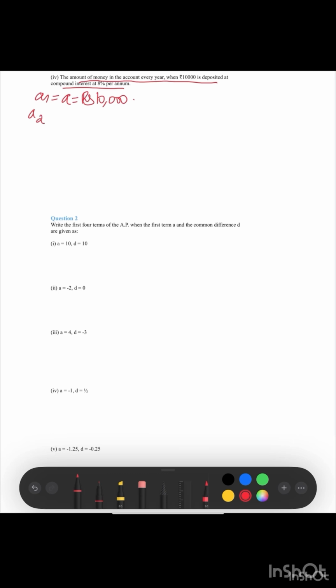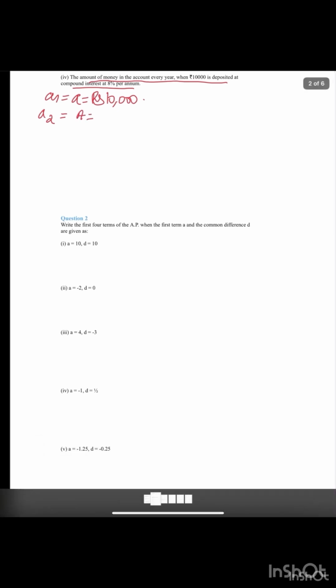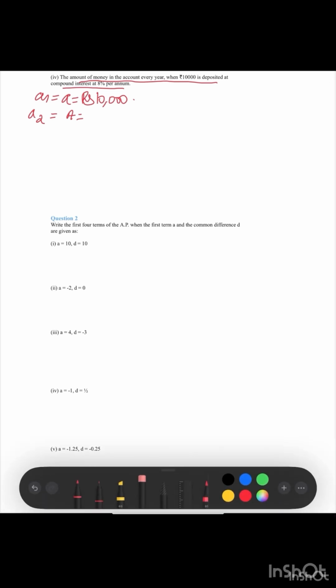So A2 will become the amount for the second year, that is the amount for the second year will be the principal of the second year. Using the formula for compound interest, A2 is equal to P bracket 1 plus R upon 100 raised to the power n.